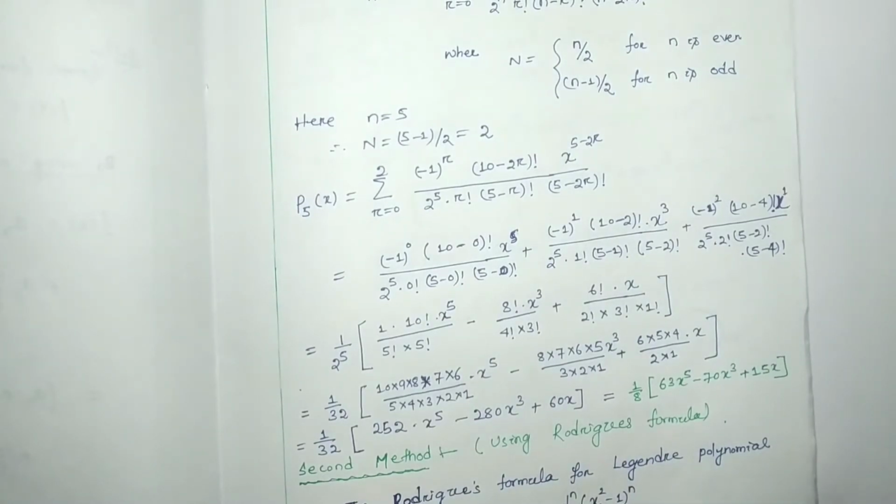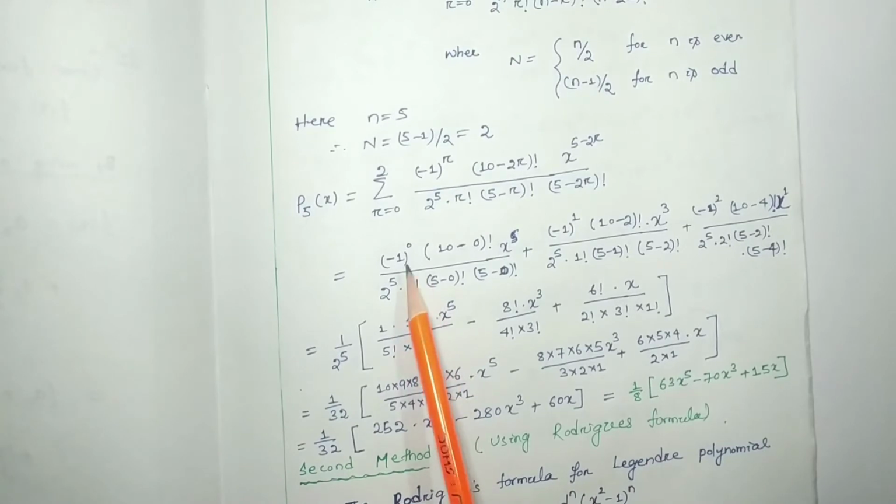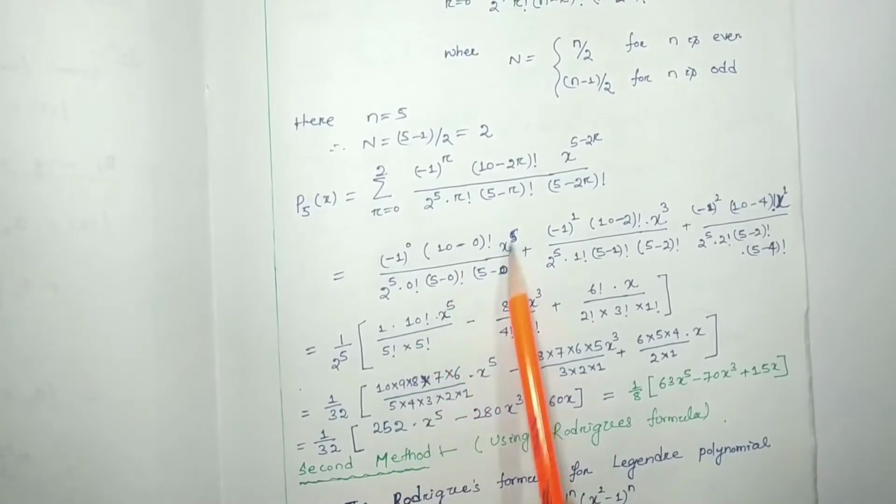Then for further simplification, 2^5 can be taken outside. Here (-1)^0 is 1, 10! x^5 over 5! 5! 5!.